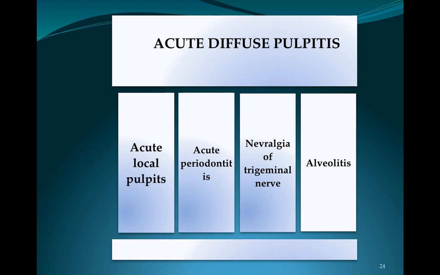We should differentiate it from acute periodontitis because of the same situation here: on acute diffuse pulpitis or on acute periodontitis, there is a pain irradiated to the branches of trigeminal nerve, and percussion is painful. But how can we differentiate?